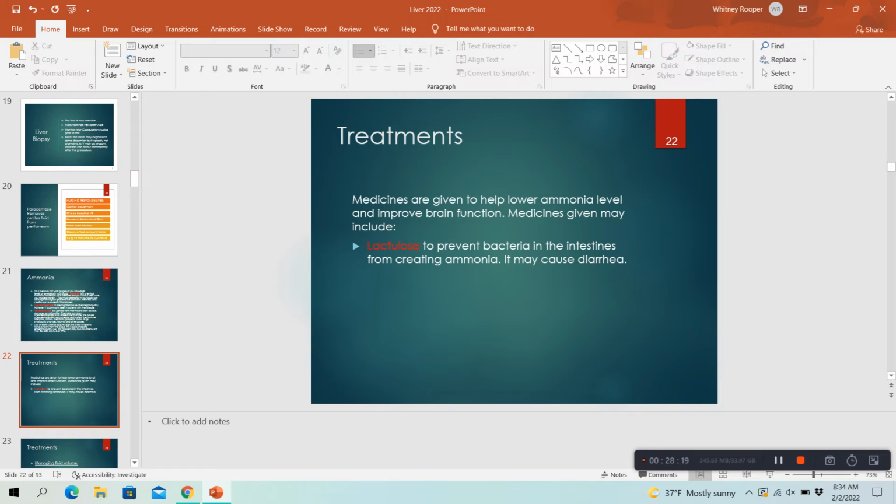How can you give lactulose, you guys? I've only seen it in the little cup thing where you drink it. You can also give it rectally, as an enema.